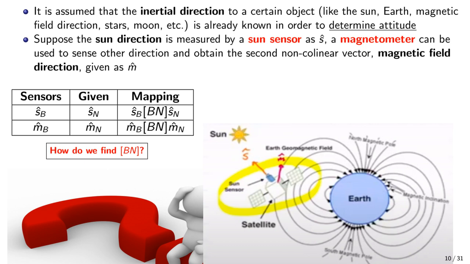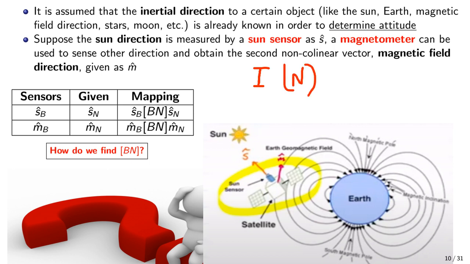So some parameters that should be given would be your inertial direction. Let's call it I, or we can call it N, whichever one you prefer, should be given.